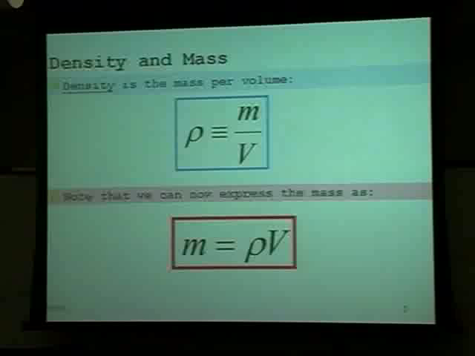We'll say that the mass of something is equal to its density, which is a constant, if it's not under changing environmental conditions, times its volume. So mass equals density times volume, and we're going to use this to help us describe fluids, so that we can just think of fluids in terms of pieces of different mass.